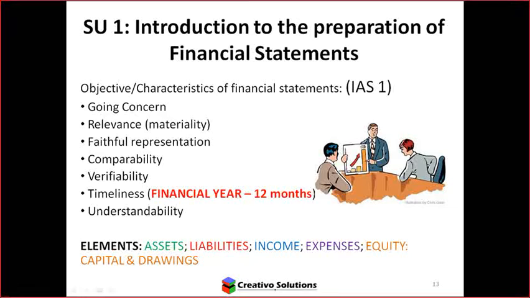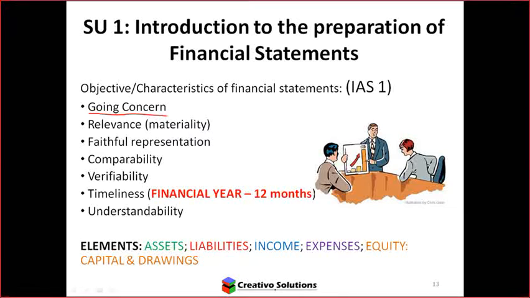Okay, so why are we presenting information? Well, it's to make decisions. And if we're making decisions, those statements that we're going to be using, they need to be prepared with these characteristics in mind. So we need to have statements that are based on a going concern basis. Do you remember what that means?